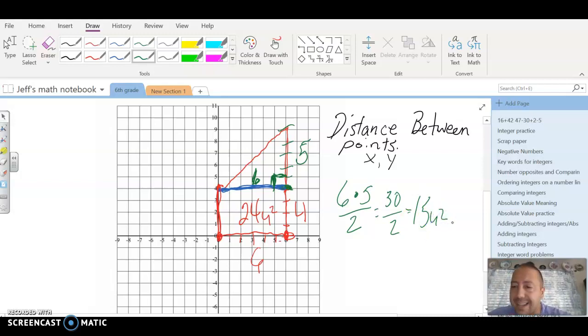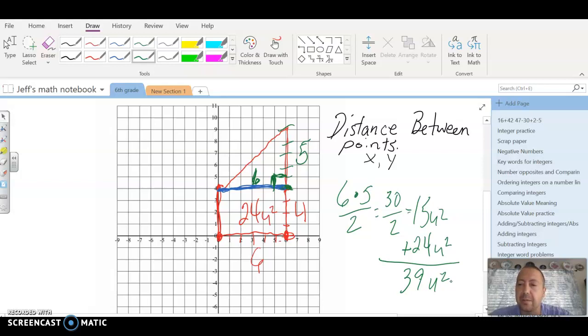But I want the combined area, so I have to combine the 15 units squared plus my rectangle, which came out to 24 units squared. And that comes out to 39 units squared for the combined area.